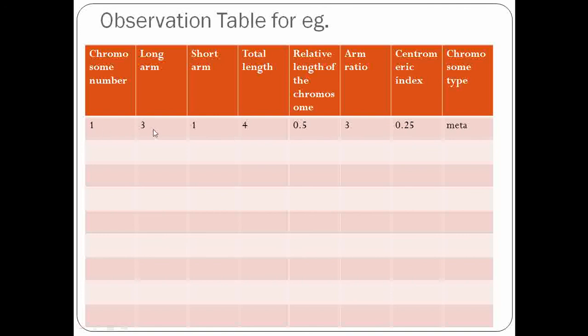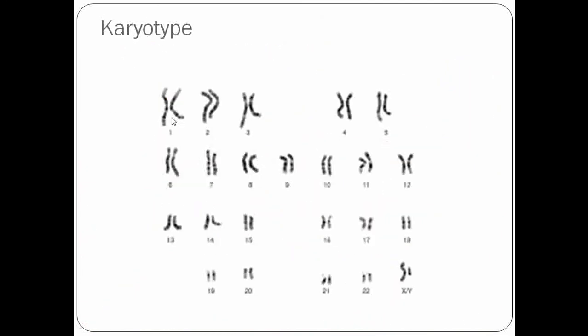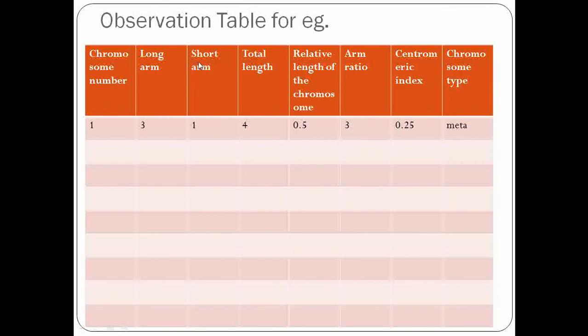Okay, so I have solved the first one here. So see here, the length of the long arm is 3. Then the length of the short arm is 1, that's why the total length is 4. Then after putting those values in the formula for relative length of chromosome, the relative length of chromosome number 1 is 0.5.